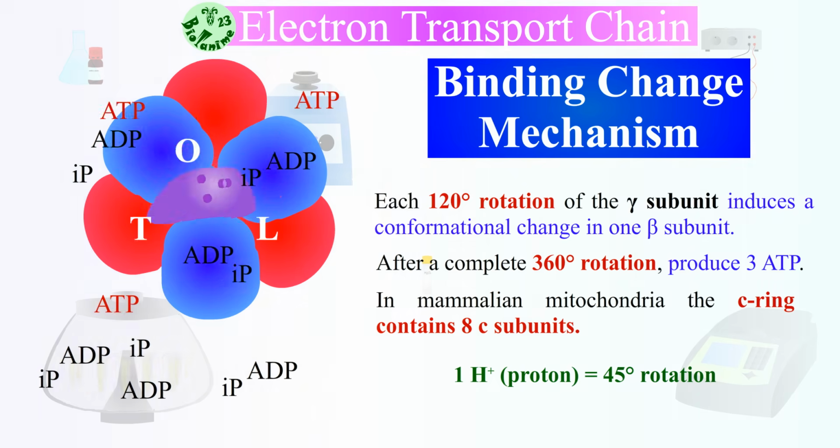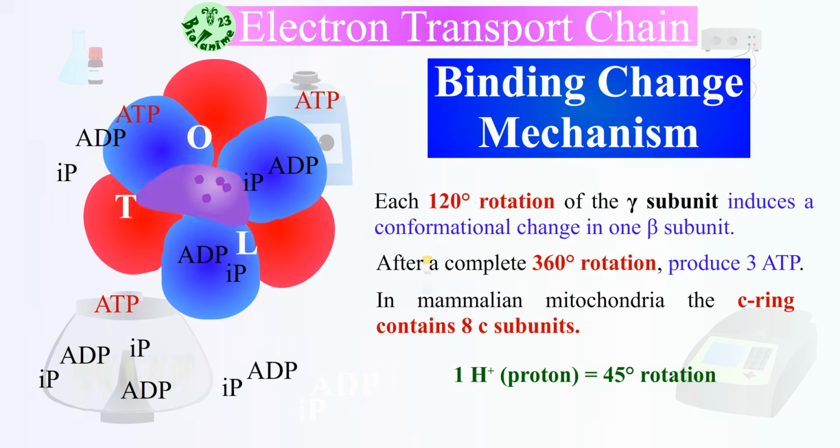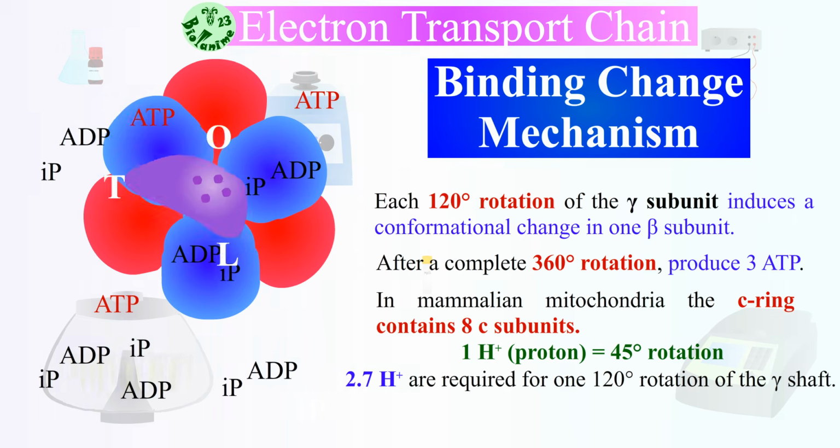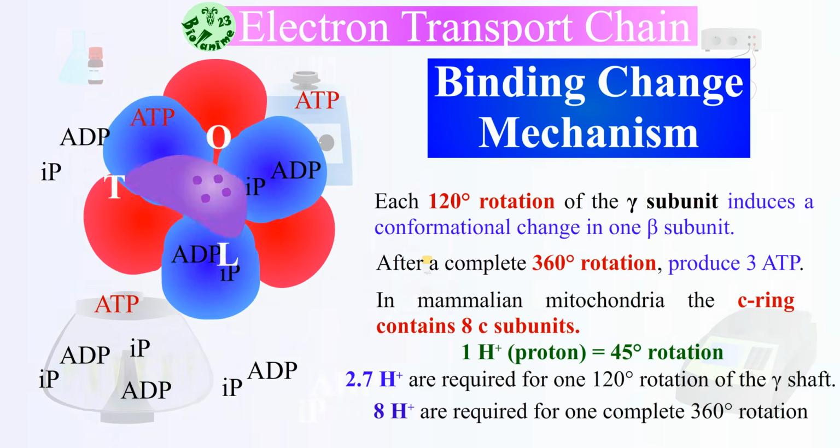Then, 120 degrees rotation requires 120 by 45, which is equal to 2.67 protons. Since you can't have 0.67 of a proton, this is an average value over many rotations. Therefore, approximately 2.7 H⁺ are required for one 120 degrees rotation of the gamma shaft, and approximately 8 H⁺ are required for one complete 360 degrees rotation.